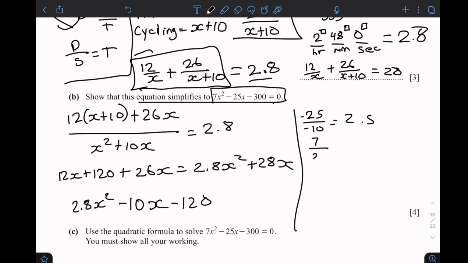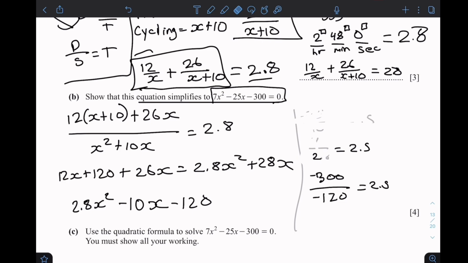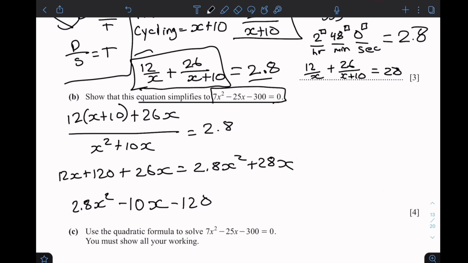Similarly, if you do 7 divided by 2.8, you get 2.5. If you do negative 300 divided by negative 120, you also get 2.5. So what you can do is multiply this equation by 2.5 to get that equation. And if you multiply 0 by 2.5, you'll get 0.